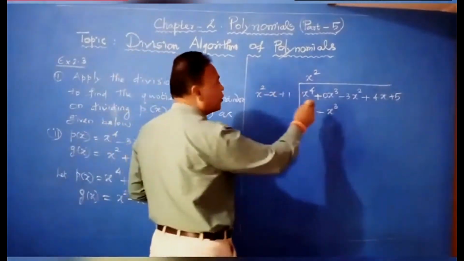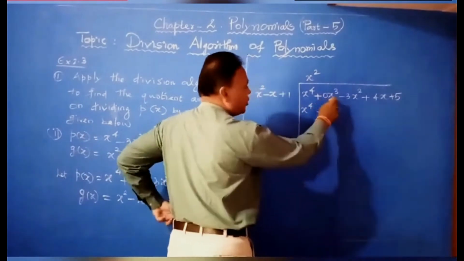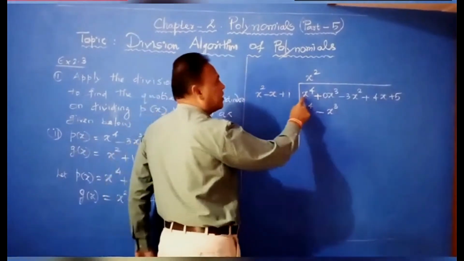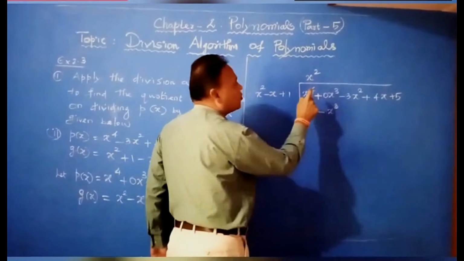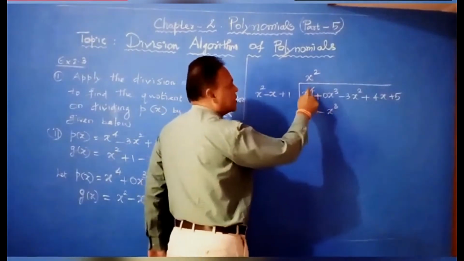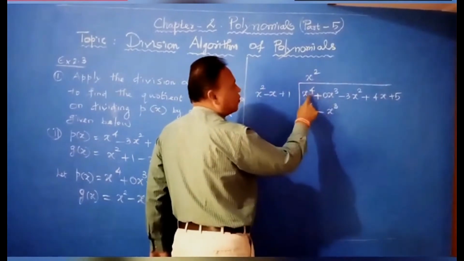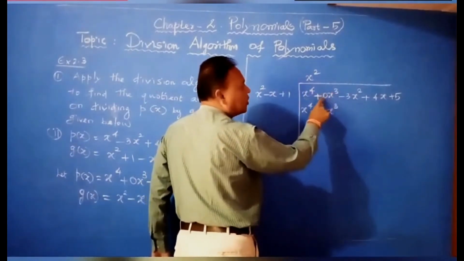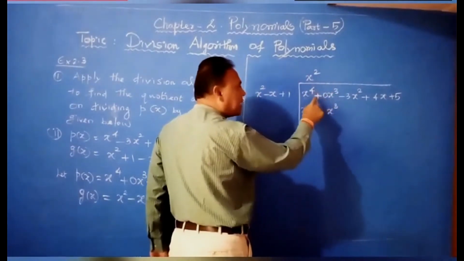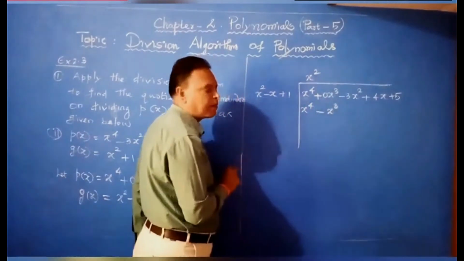Clear? That's why you have to add 0 x cube. So before taking the dividend, you have to check whether it is in the standard form or not. Clear? Then you write in the standard form, x power 4, x cube term not there. So for our convenience, you add 0 x cube. Clear?